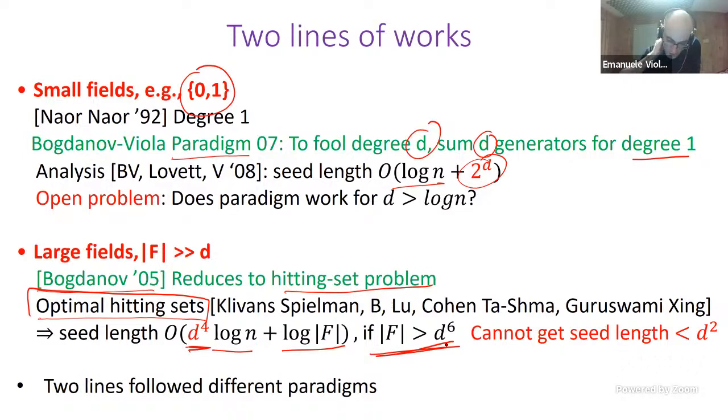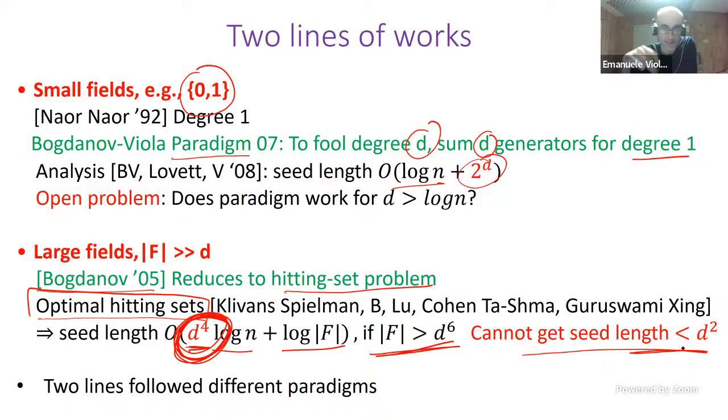Okay, so a drawback of these things is that the dependence on d in the seed length is not terribly good. It's d to the power 4, while the right dependence is just d. And in fact, it can be shown, and we argue in our work later, that this approach cannot give you seed length even less than d square.